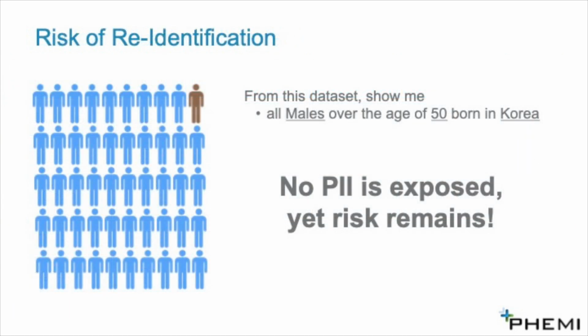Of course, de-identification is a careful balancing act. Let's take the hypothetical data set here where I have a list of patients with diabetes. We've de-identified the data set to remove names and addresses. We've truncated the date field to the year of birth. And in that data set that you see here, I only have one patient over the age of 50 who was born in Korea.